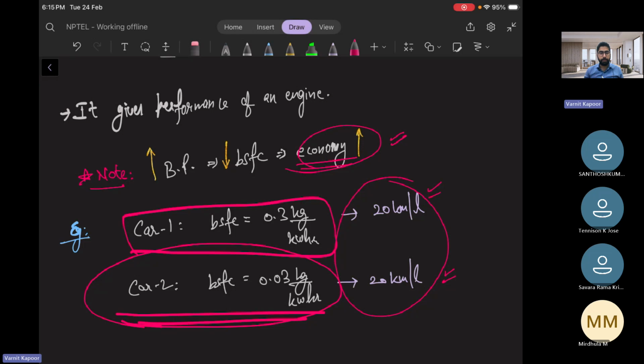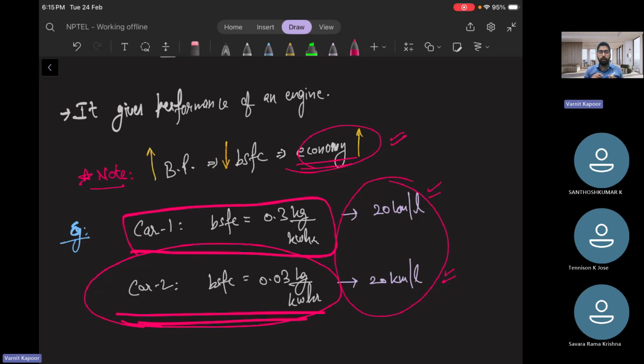That's why high-end cars have a very low brake specific fuel consumption compared to low-end cars.